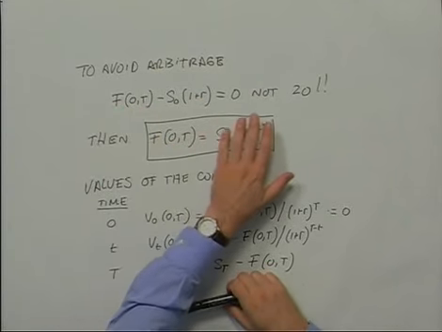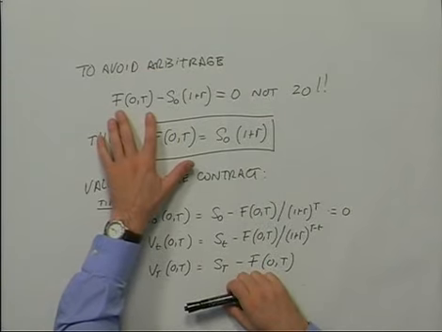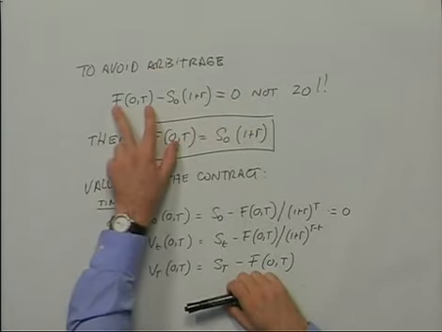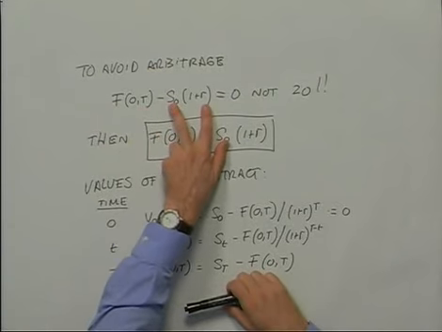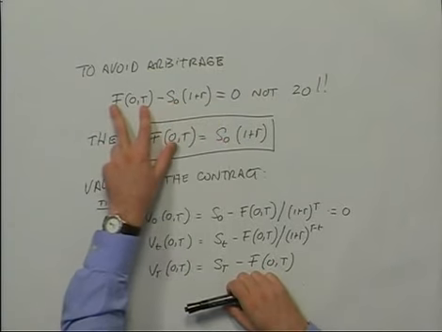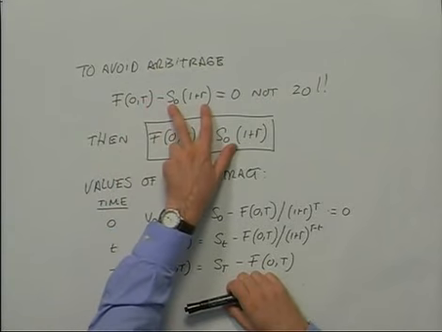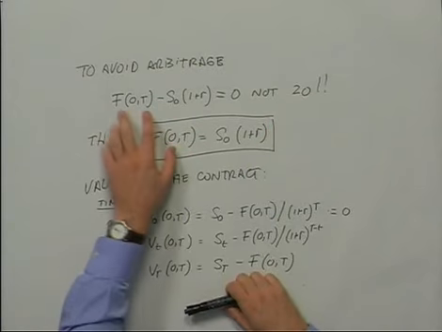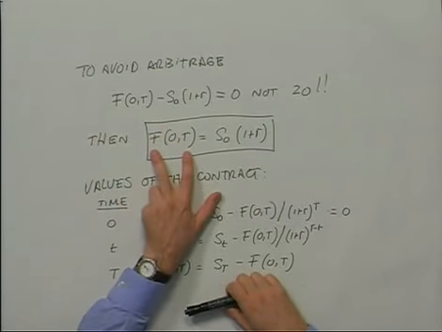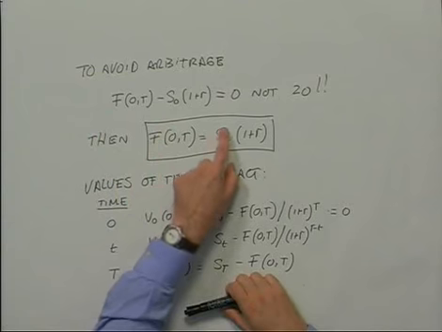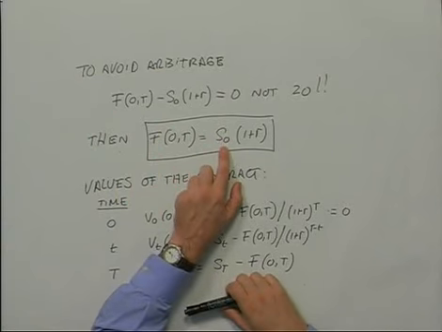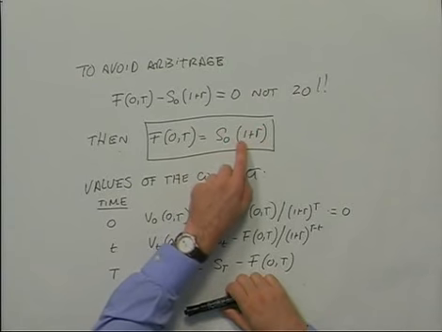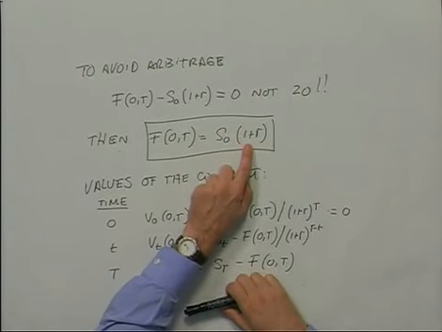Well, if you look at the previous slide, you'll realize that those cash flows will be equal to 0 when the forward price minus the financing costs equals 0, not $20 per unit. Then that implies that the forward price has to be equal to the cash price at the initiation of this contract plus the financing or cost of carrying costs.